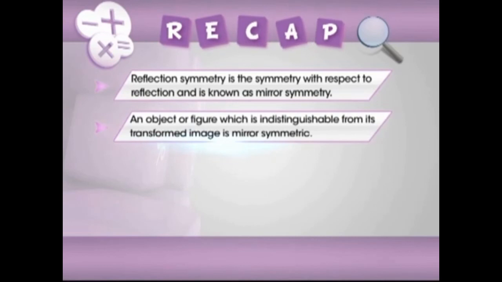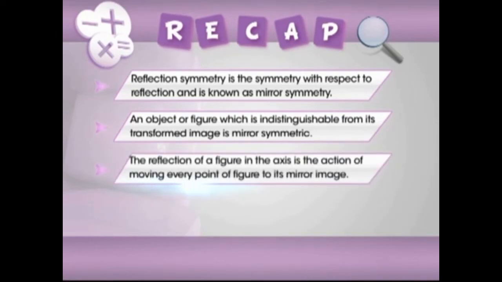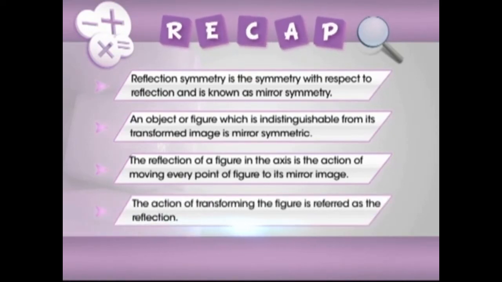An object or figure which is indistinguishable from its transformed image is mirror symmetric. For any geometric figure in the plane and any line L in the plane, the reflection of the figure in the axis is the action of moving every point of the figure to its mirror image in L. The action of transforming the figure is referred to as the reflection.